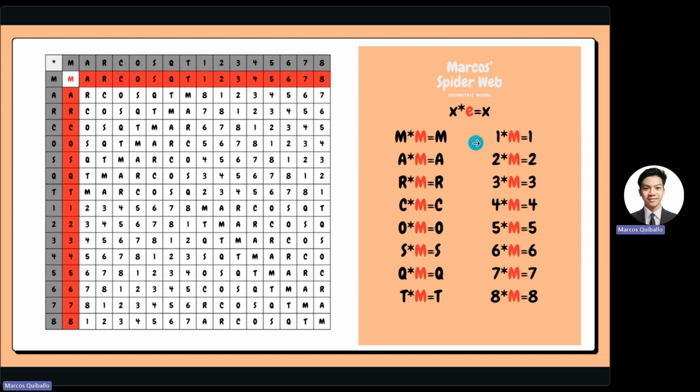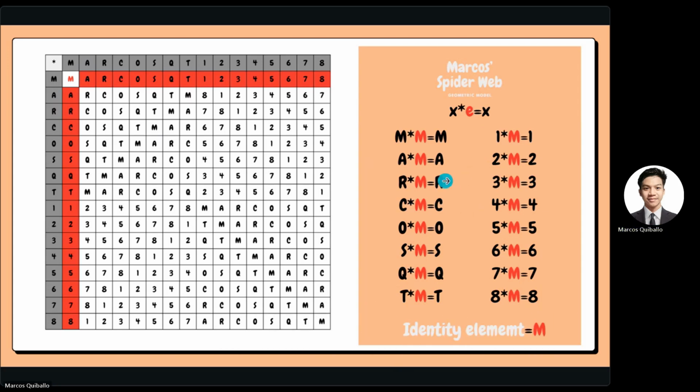So m star m is equal to m, a star m is equal to a, r star m is equal to r, c star m is equal to c, o star m is equal to o, s star m is equal to s, q star m is equal to q, and t star m is equal to t. It is also the same in our numbers, 1, 2, 3, 4, 5, 6, 7, 8.